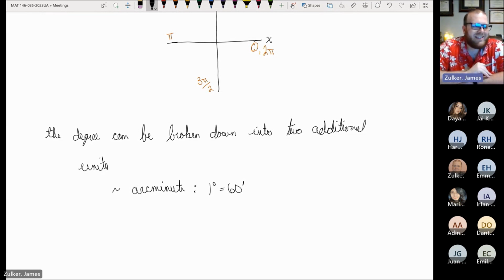One degree is equal to 60 arc minutes. In other words, an arc minute is 1/60th of a degree.